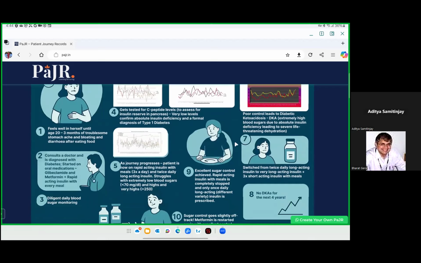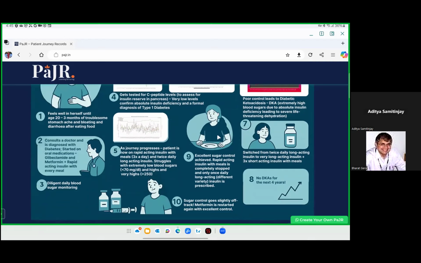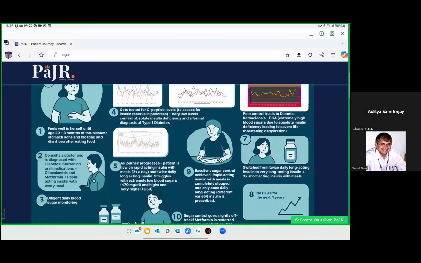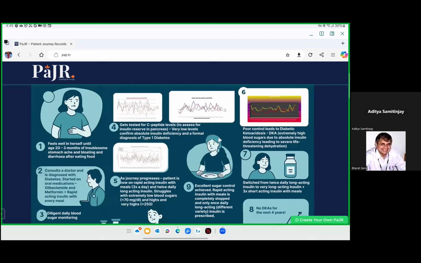She initially went in with vague symptoms, bloating and diarrhea after eating food, and eventually she was noted to have high blood sugar and then diagnosed with diabetes. She gets all these tests done, which prove she has diabetes. But through the process, she has multiple hospital admissions. She is basically unable to tailor her insulin doses to target proper outcomes.